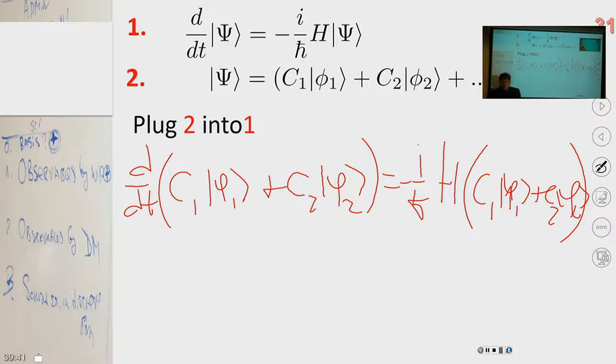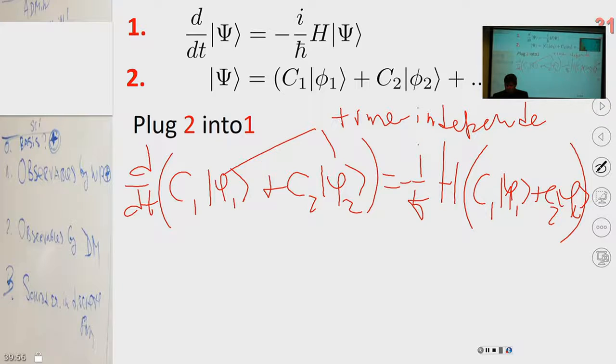So our basis functions are chosen to be time independent. The simplest example of basis functions are eigenstates of the Hamiltonian. And even if there are some problems with finding them, we can select a set of basis functions that are comfortable to work with. And if they are time independent, we can put them in front of the derivative operator.